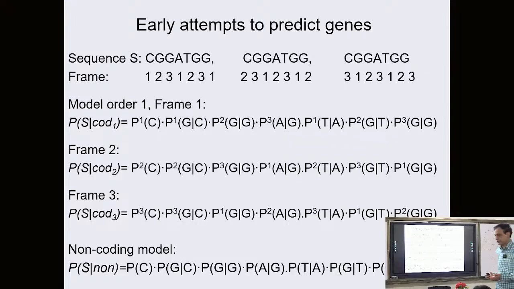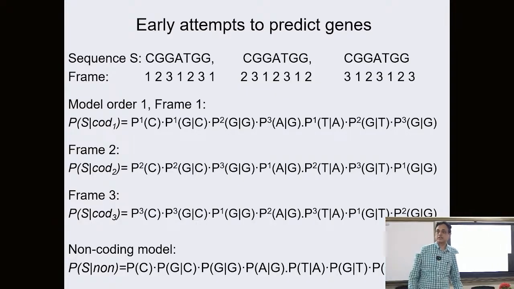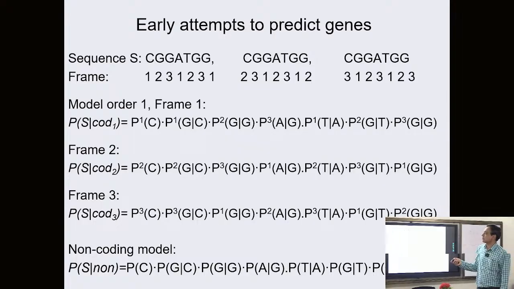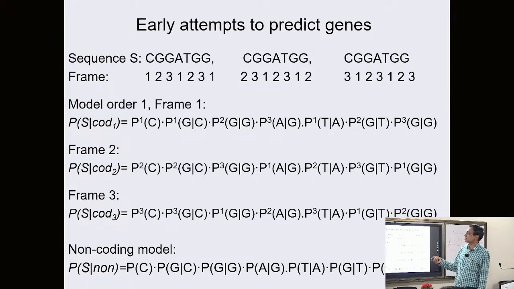So, these models were used for predicting genes. We are coming to the third step, which is to integrate these models within a pattern recognition algorithm that can discriminate protein coding sequences from non-coding sequences. Given a sequence, and this is what we already discussed, the probability of that sequence to be protein coding in frame 1, frame 2 and frame 3 can be computed, something like this.